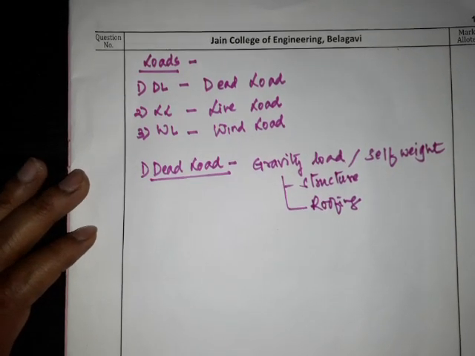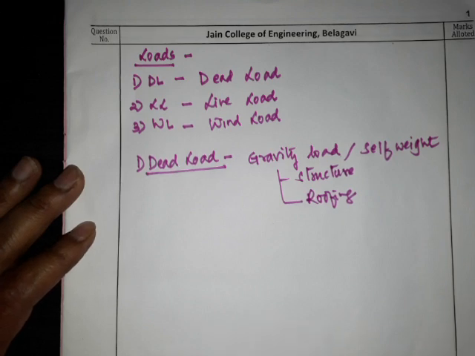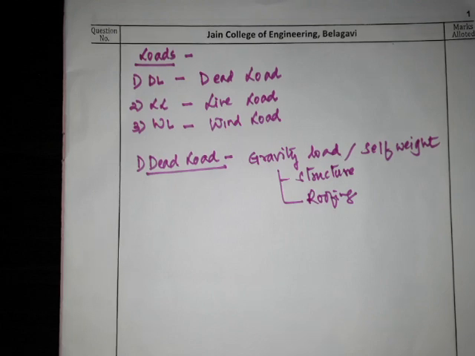So for dead load, you have to refer to the Indian standards, because here the truss is a single element. You have to design a truss as a single element, but it is made of individual members, different types of members connecting to each other at the joint.